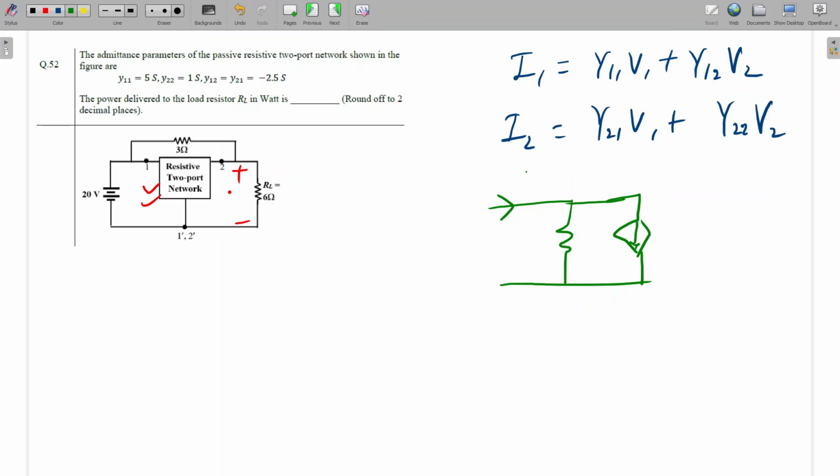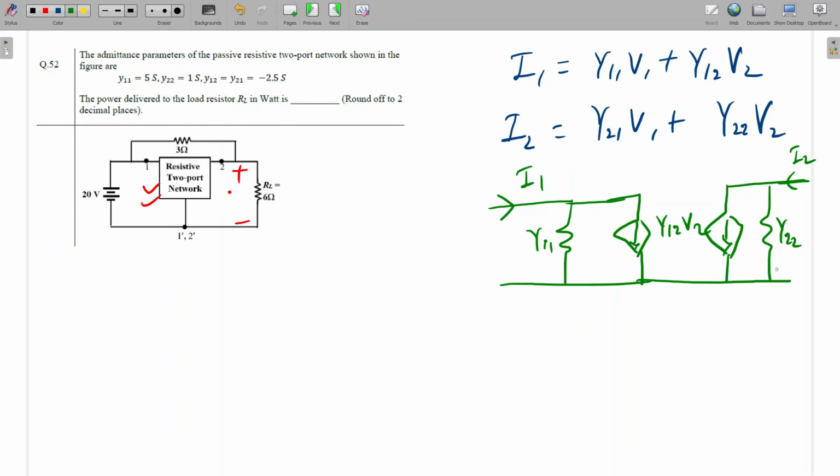So this is I1, this is Y11, and this is Y12 V2. Again, this side is a current controlled current source, and here it will be Y22, and here it will be I2. So I2 is equal to Y22 V2, and what will be this one?